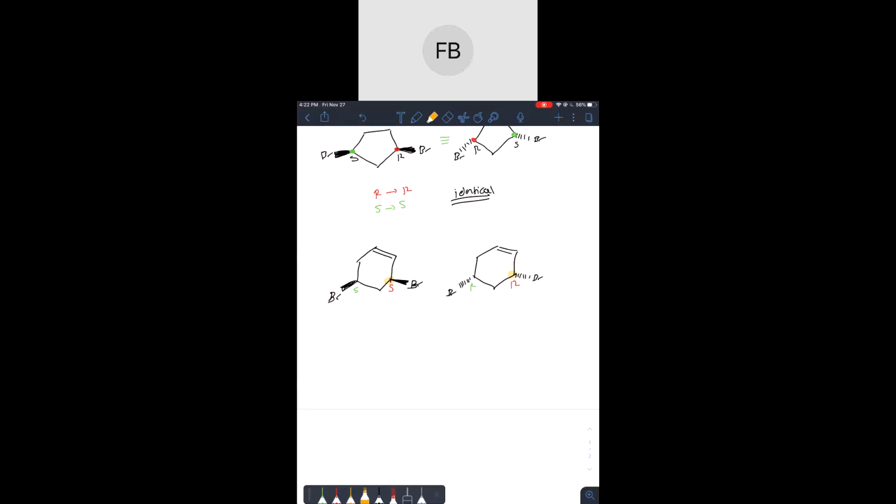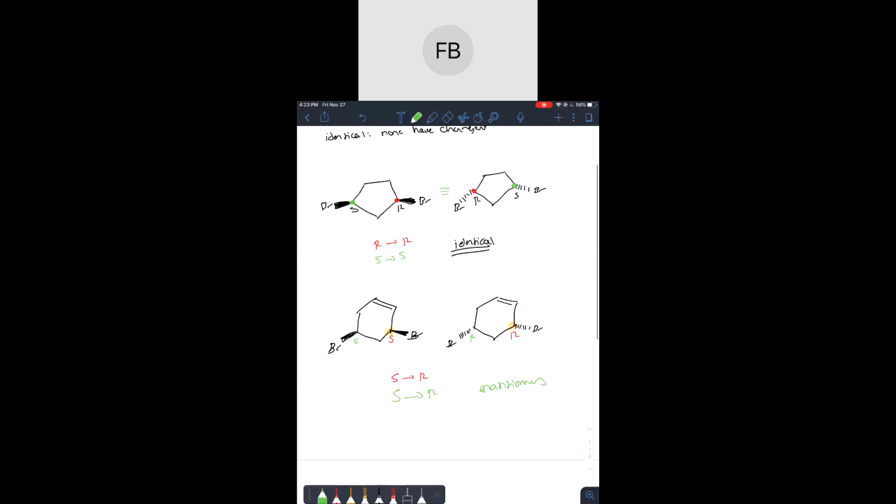And so we definitely know for sure that those are the two same carbons and they switched from S to R. And similarly with the chiral carbon on the left of the molecule, it switched over here from S to R. So these are enantiomers.